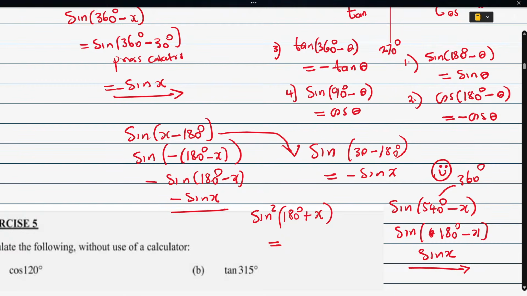Yes, Hlau, it's allowed. That method is allowed because you don't have to show the angles, but it's for people who know this thing. So it's allowed. But take me through, learners. What is the answer? Sine squared 180 degrees plus x.